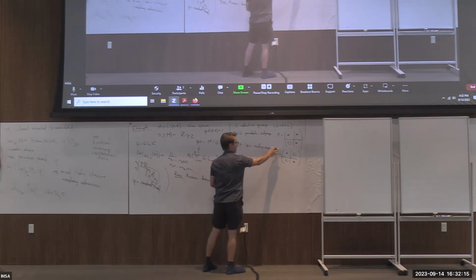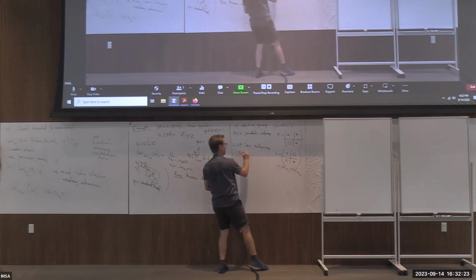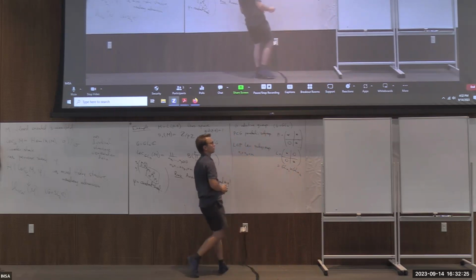So you can just think of this Levi subgroup as just the product of GLm1 plus GLm2, where m1 plus m2 is m.